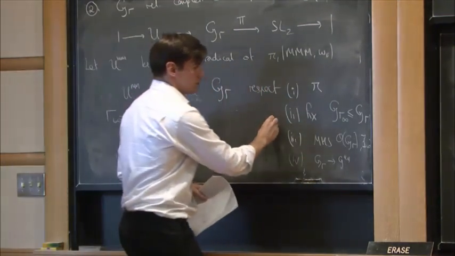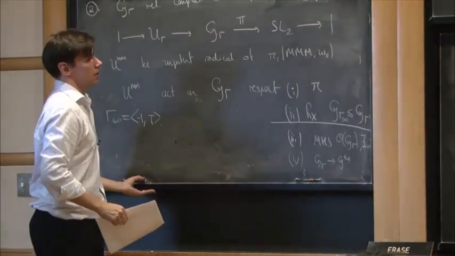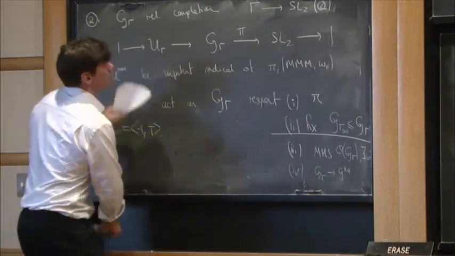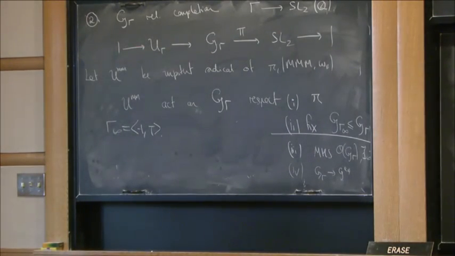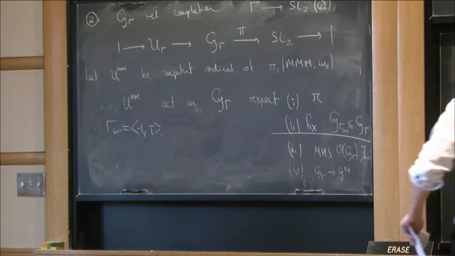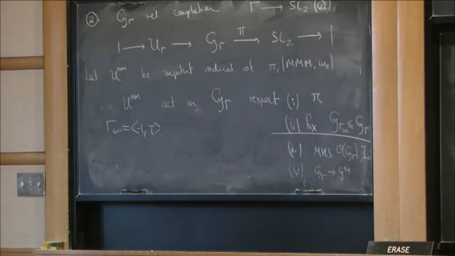But for now, all I did was just look at the most obvious conditions and try to see what information that gives us about periods and the Galois action. And I'll just finish off in a minute. I haven't put any input in about the mixed Hodge structure yet, and it's quite surprising that you get a lot of information out.